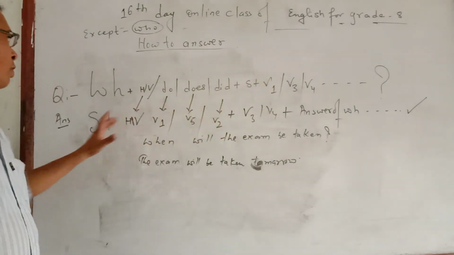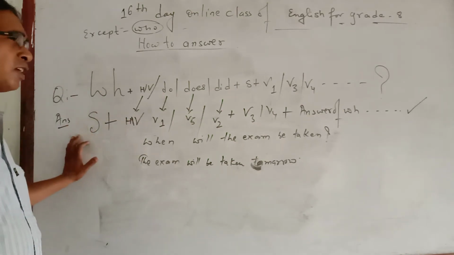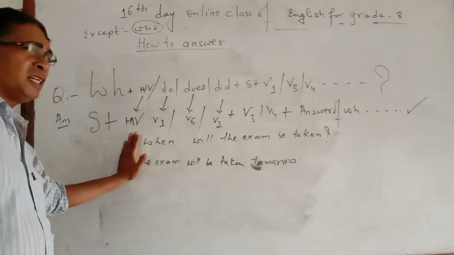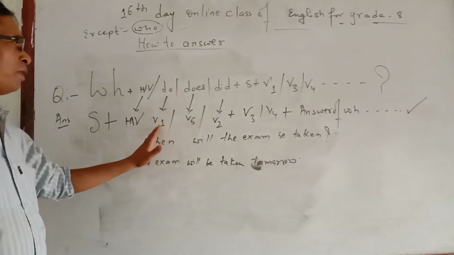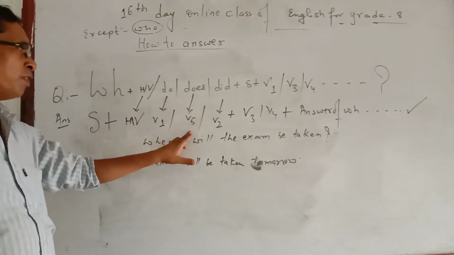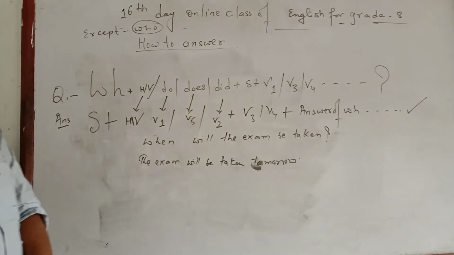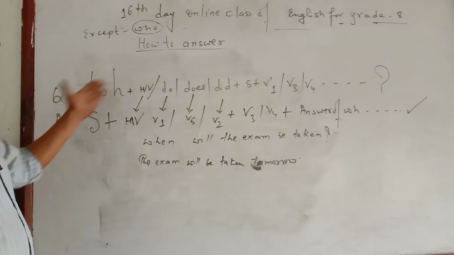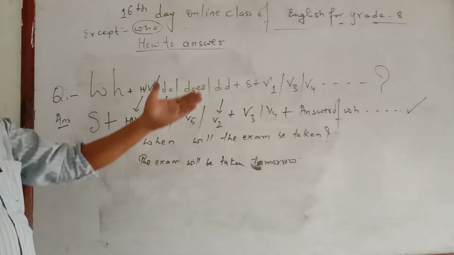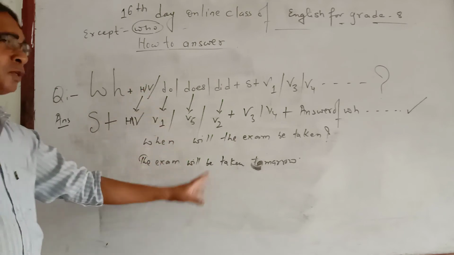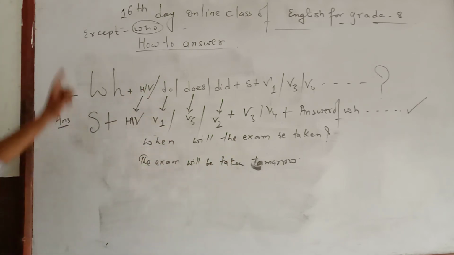At last, while giving the answer, the pattern is the subject as it is, and then the helping verb if there is, as it is. If no helping verb, there may be do, then verb 1, does, then verb 1, did, then verb 2. After that, if B3 or B4 is left, then you write. If not left, then the answer of the given WH and some part of the sentence if there is. If not, then give a full stop at last. And two examples also I showed you. And why did I tell you except who?